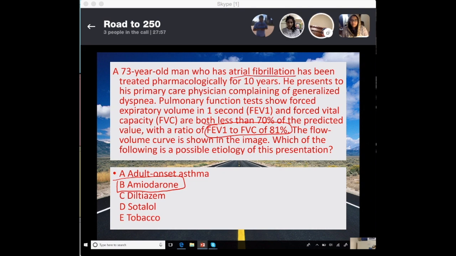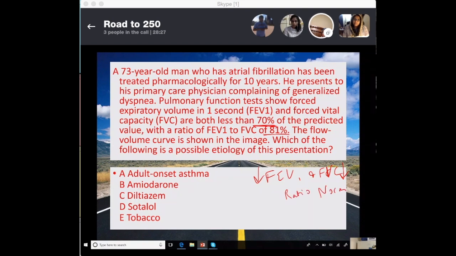You're right. We have a normal FEV1 to FVC ratio, but it also tells you both of those variables are less than 70% of the predicted value. If both FEV1 and FVC are decreased but we have a normal ratio, then we're talking restrictive.